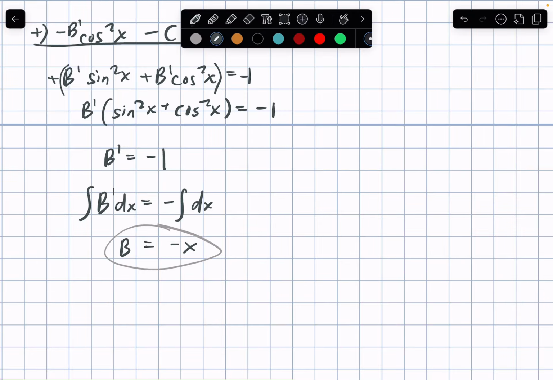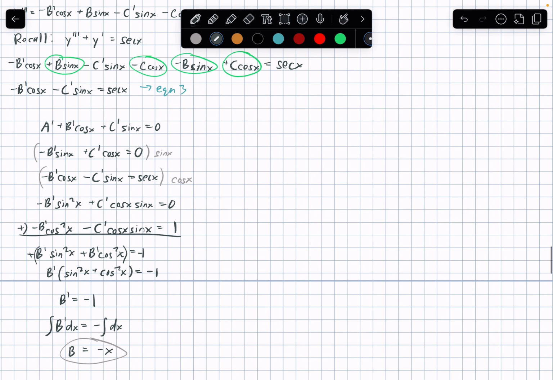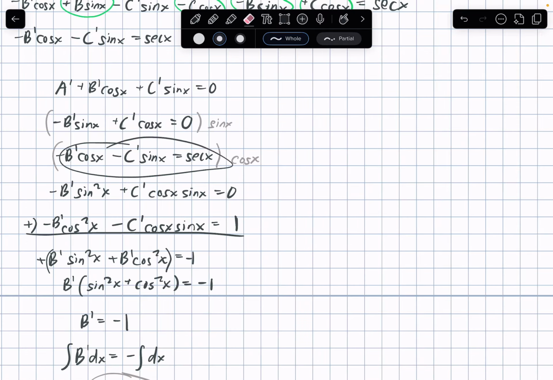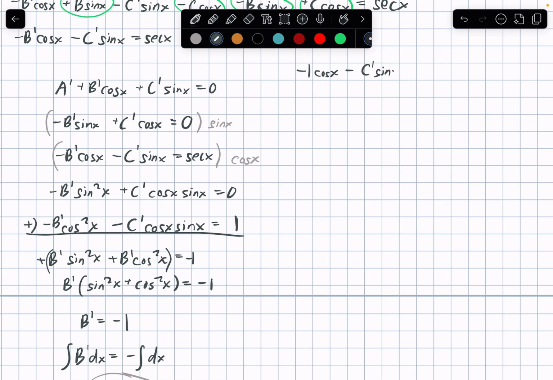So that's how you integrate. And then, okay, we already know what b prime is. It's negative 1. Substitute it back. So negative b, let's use this equation to substitute back. Negative 1 cosine x minus c prime sine x equal to secant x.